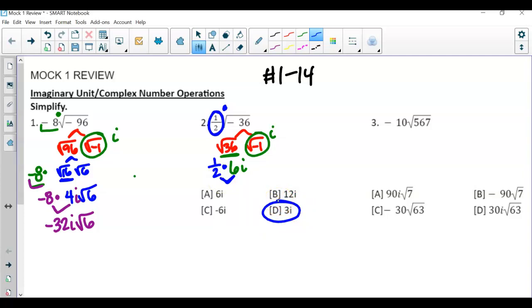So in the last one here, we're going to be focusing on simplifying the radical of 567. When we're simplifying this radical, first off, notice that this is a positive 567 when we find the square root of it, and we're just multiplying by negative 10 at the end.